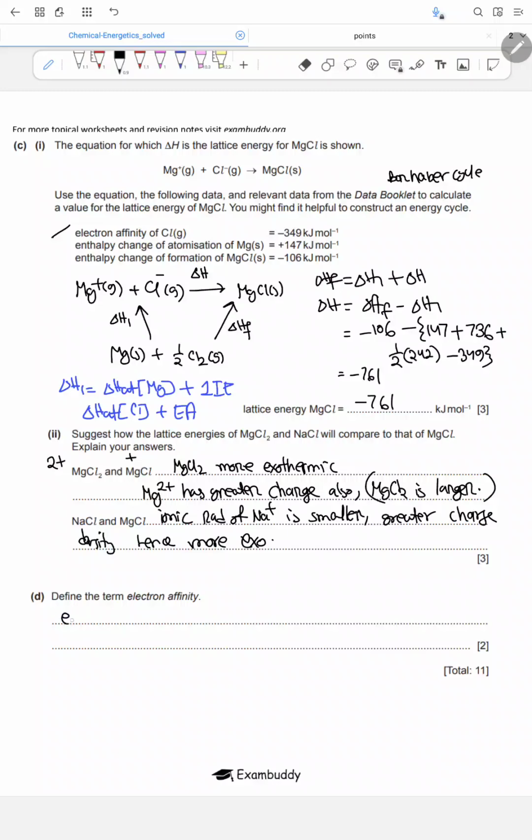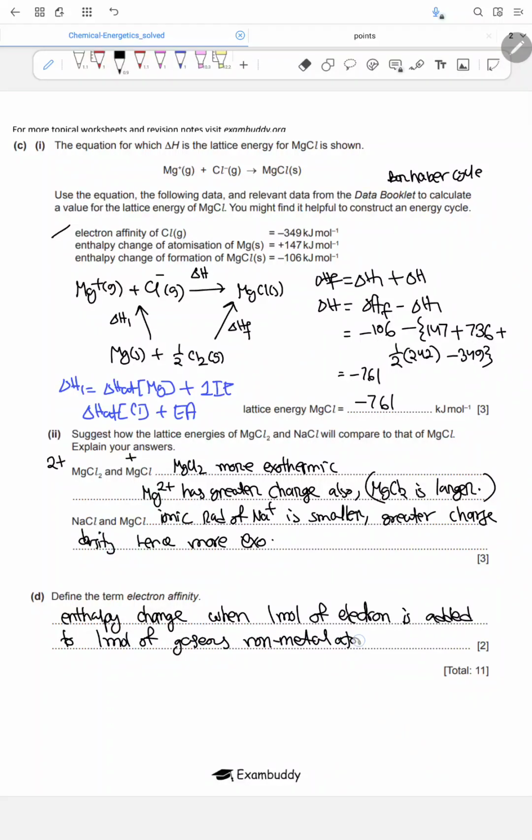Electron affinity is the enthalpy change when 1 mole of electron is added to 1 mole of gaseous non-metal atom under standard conditions.